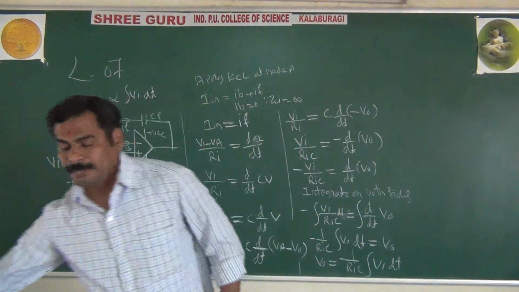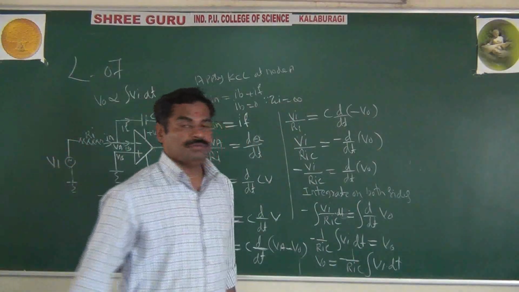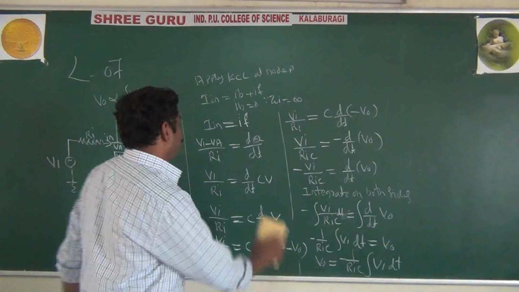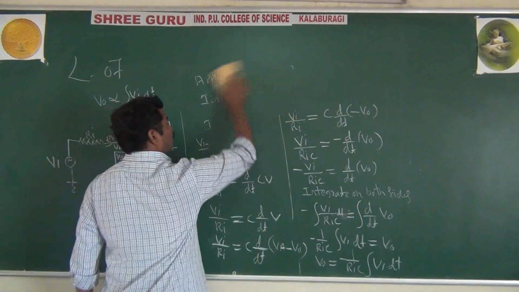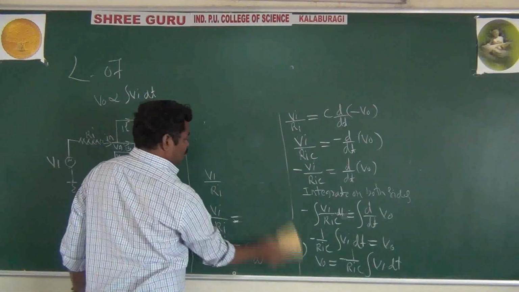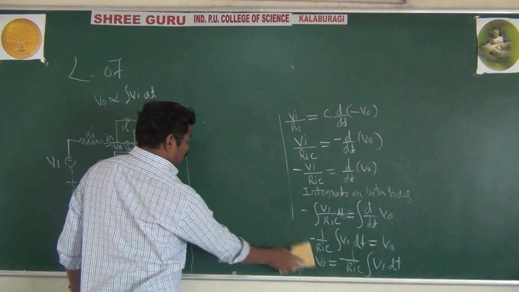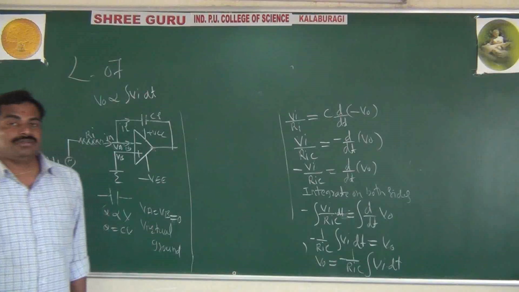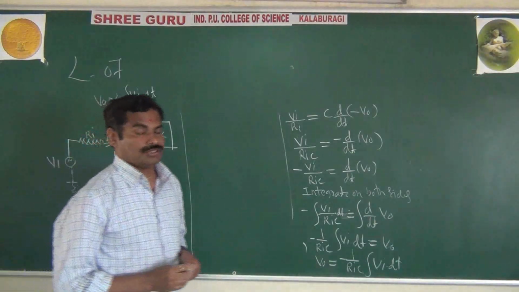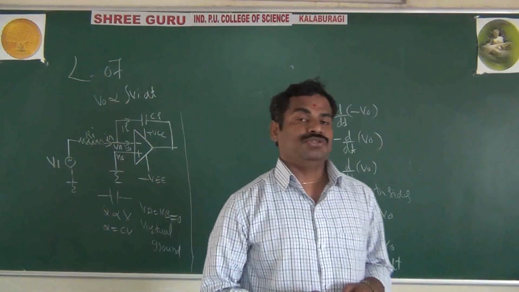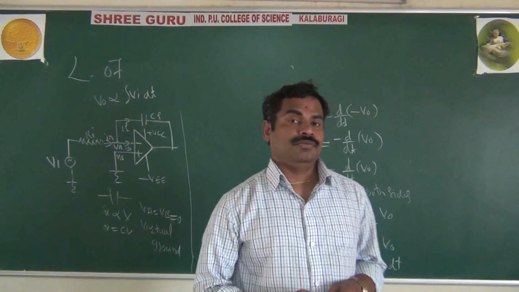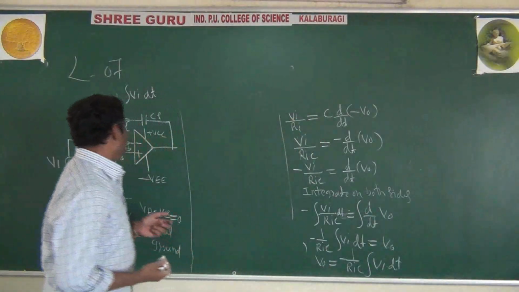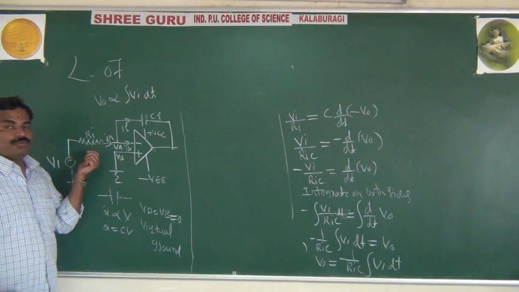And as usual, the important thing is about where you are using the integrators. Another thing I said, the differentiator can be used in your high pass filters, but integrator can be used in your low pass filters, because here you are having the resistor at the input side.